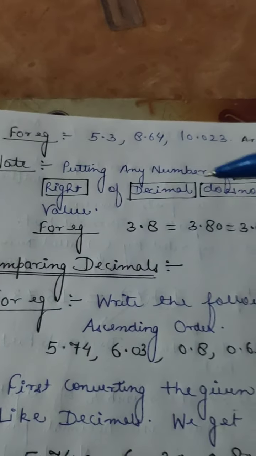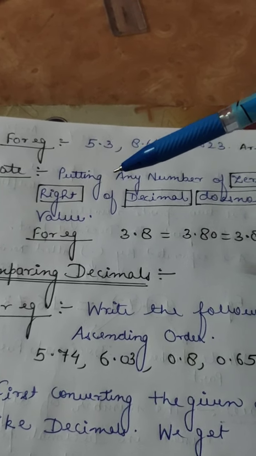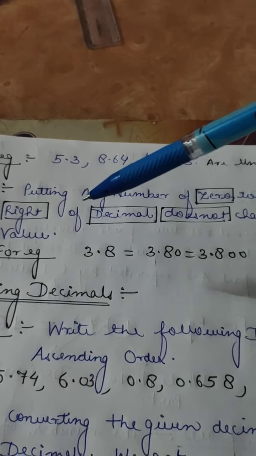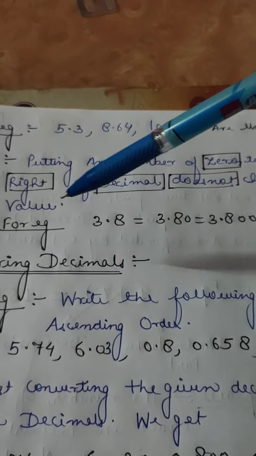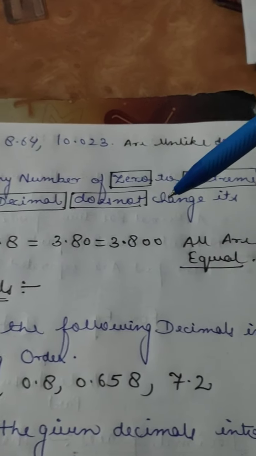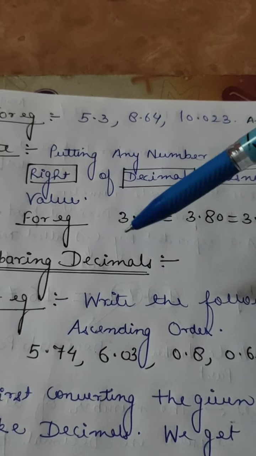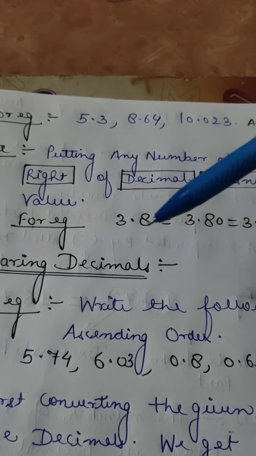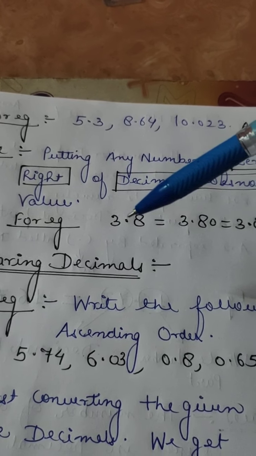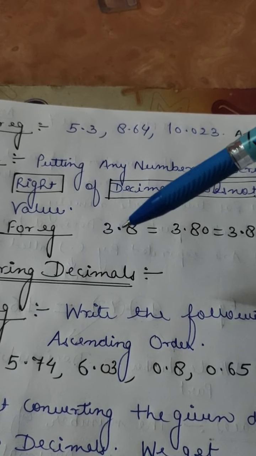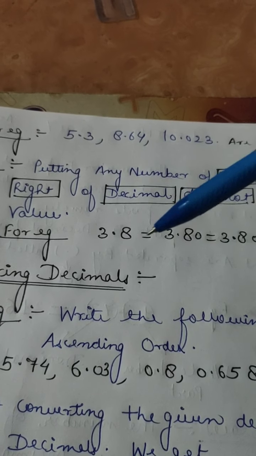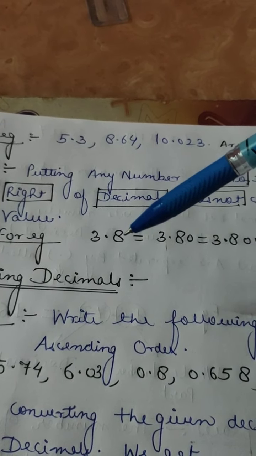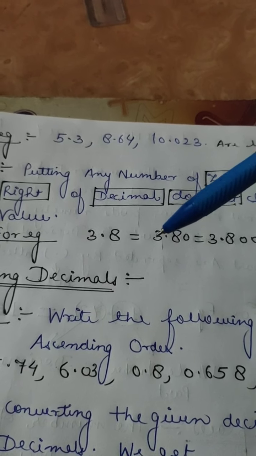Note, there is one important point you have to remember. Putting any number of 0 to the extreme right of a decimal does not change its value. What it says, for example, 3.8 is the decimal number. So after the point it is having 1 decimal place. In the next step I have put 0 along with 8 on the right side.